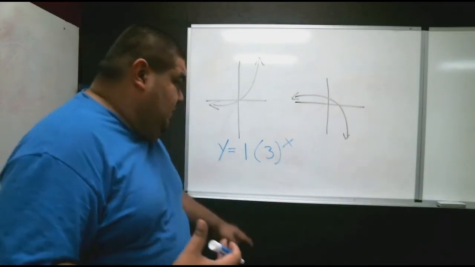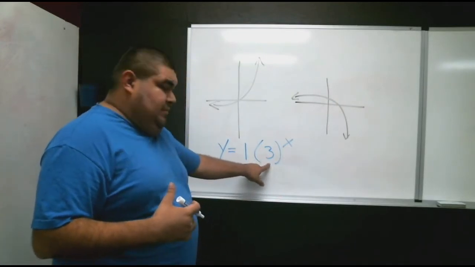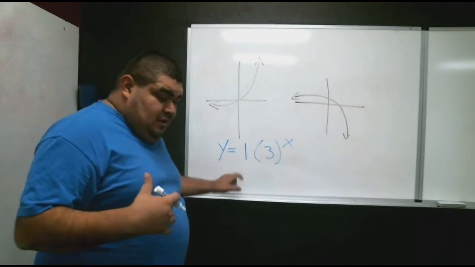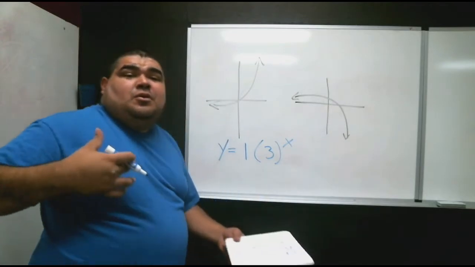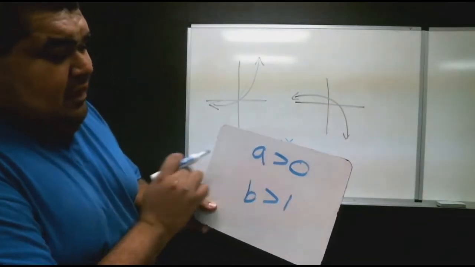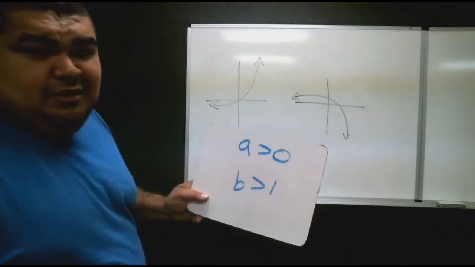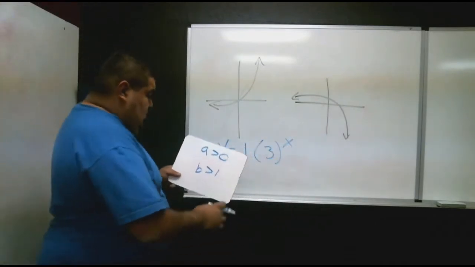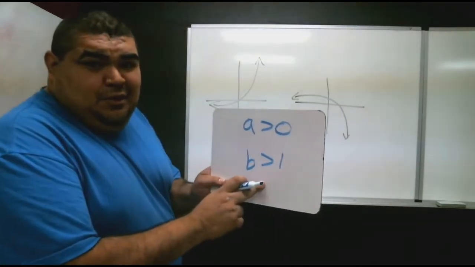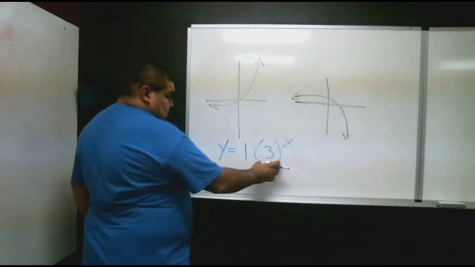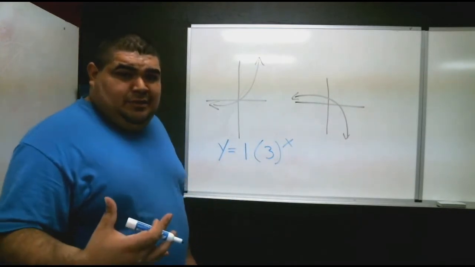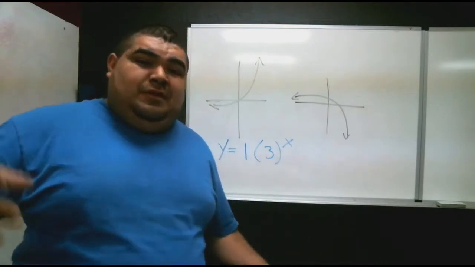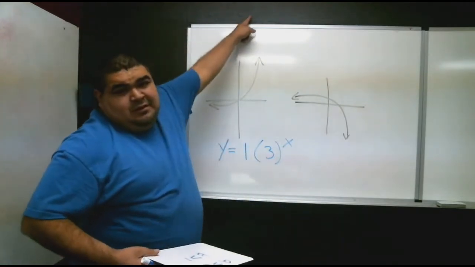If we label it, we have A and B, and x is just x. A is 1, so it's bigger than 0. Is B bigger than 1? It is, it's 3. So this is an exponential growth. It means it's going to get bigger, going to positive numbers.